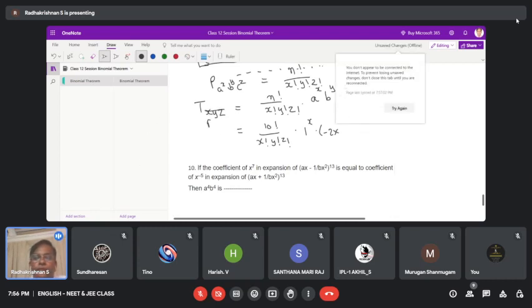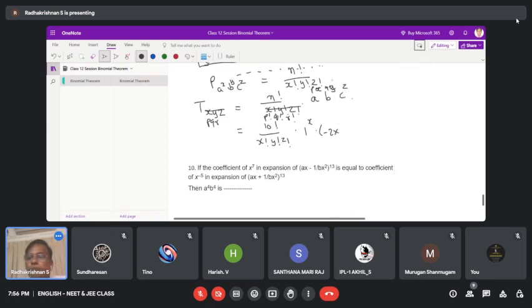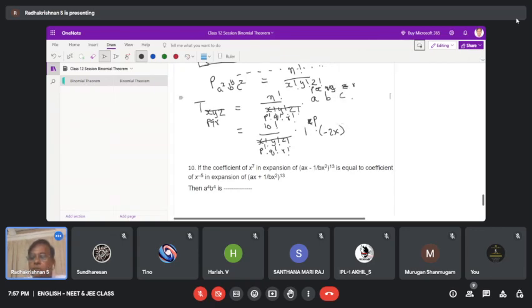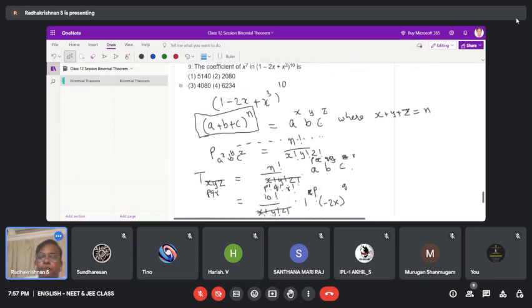So let us write it as T p q r, into 1 power p, minus 2x to the power of q, and what is the value of c here? x cube.